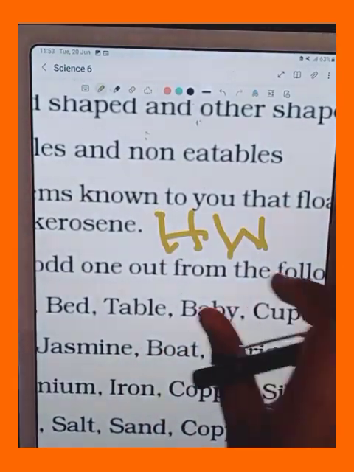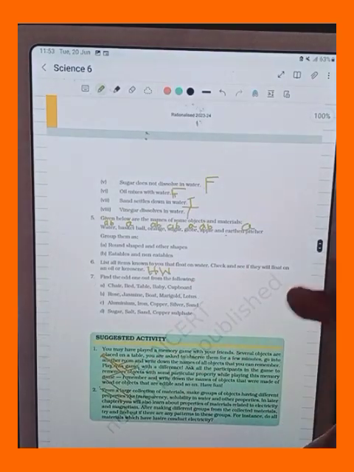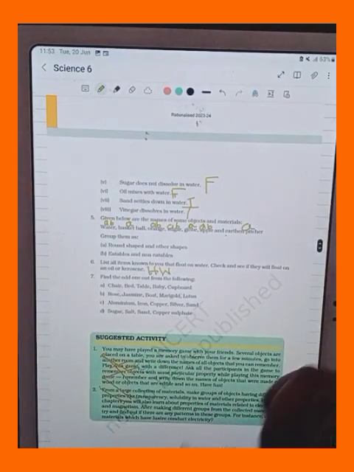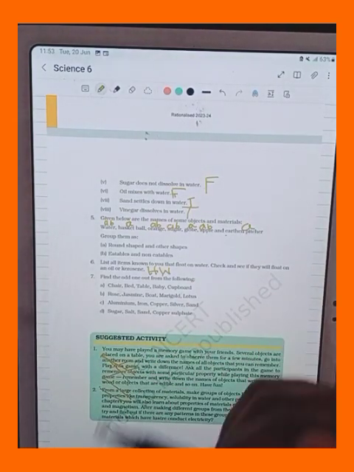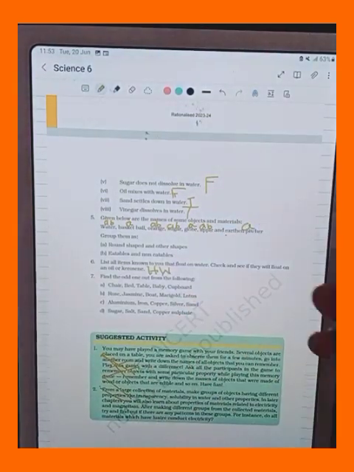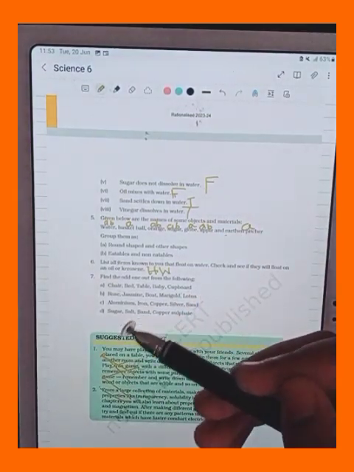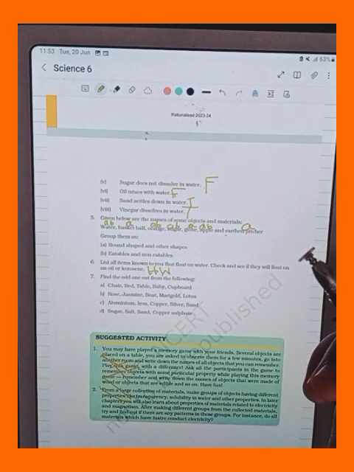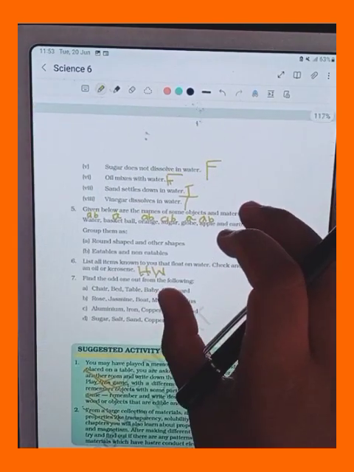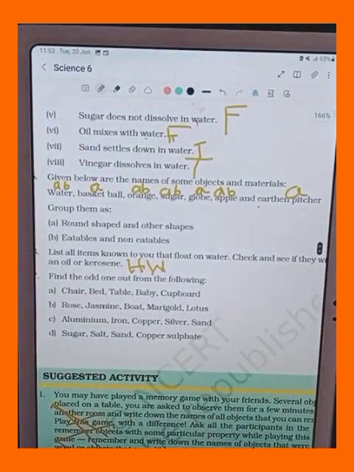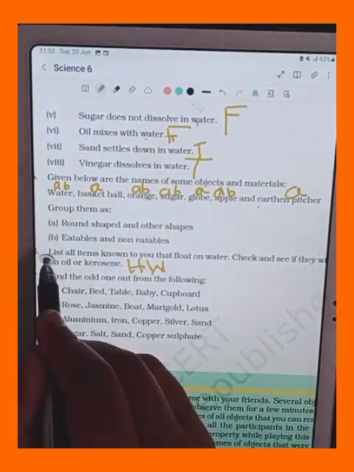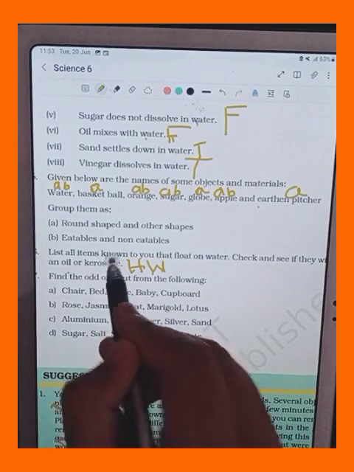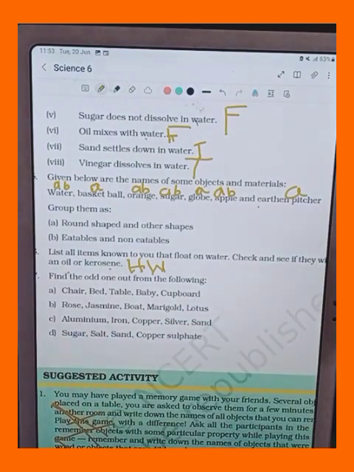For example, I take leaf, they just float on water, and I take stone, it sinks in water. In oil it floats, and kerosene I think it also floats. Kerosene is oil, so it would float. So this is your homework.